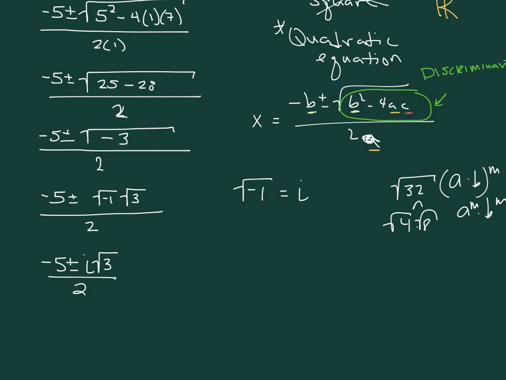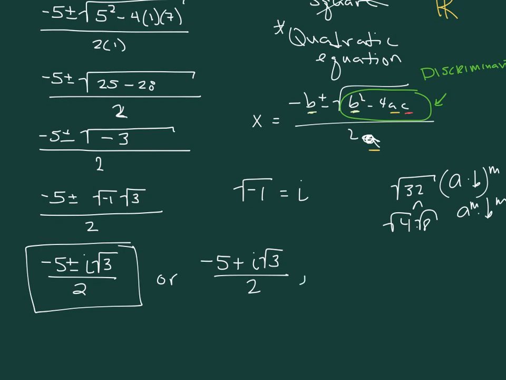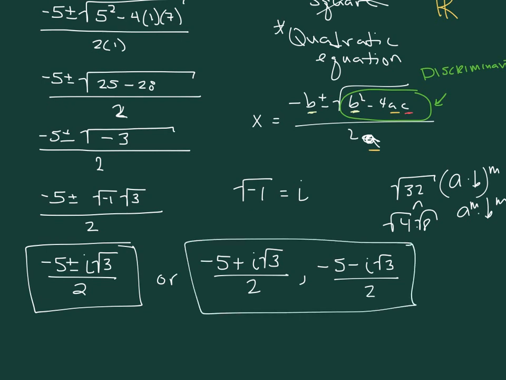At this point, you can just leave this as such, or you can break it into -5 plus i root 3 all over 2, comma, -5 minus i root 3 all over 2. These are your two options for answers. You could also divide out the 2, but I don't recommend it. Just leave it looking like this. This is a much more accurate version of this answer.